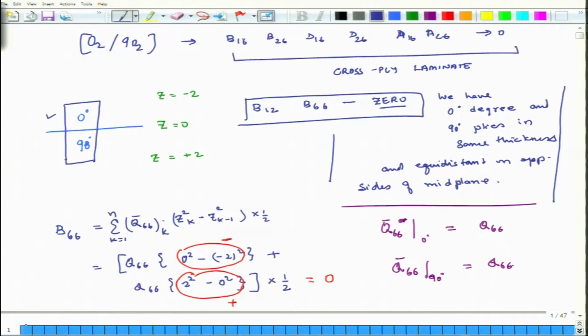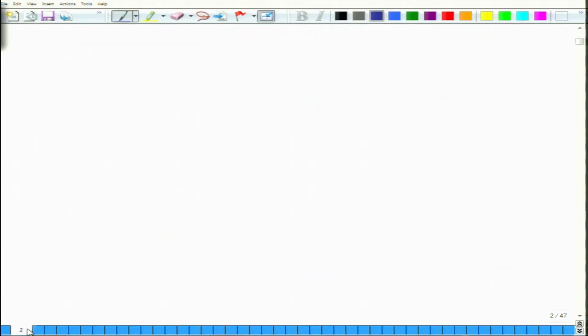Now, we will move on to a new topic. We will start discussing finite plates. We have discussed the infinite plate, now we will start discussing finite plates.